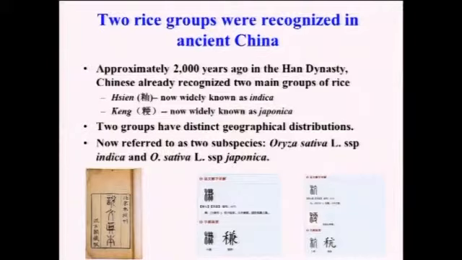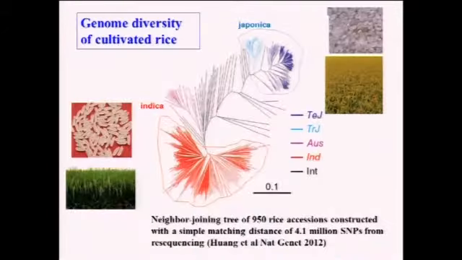The two groups were recognized very long ago, at least 2,000 years ago in China in the Han Dynasty. One was recognized as Xian, and the other actually should be pronounced Geng, but at that time it was written differently. Later these two groups were labeled, one as indica, the other as japonica.